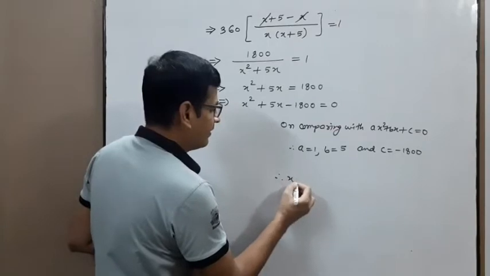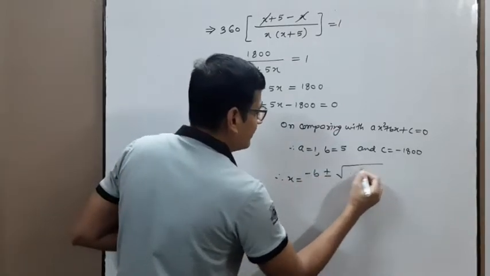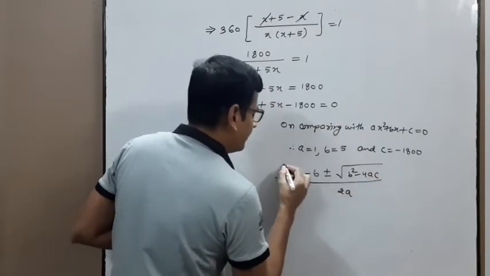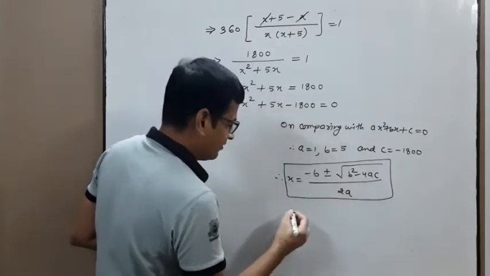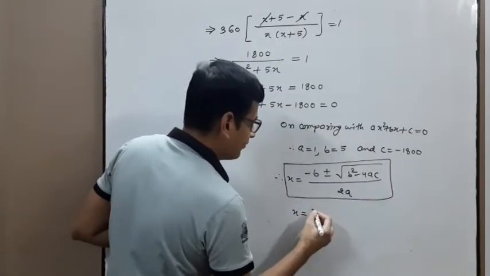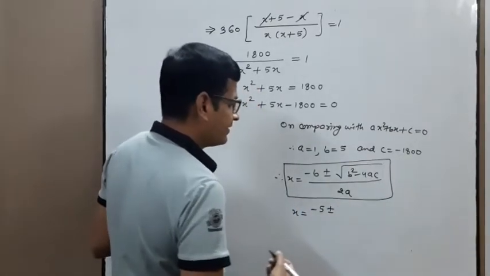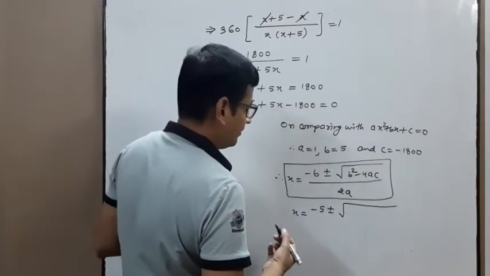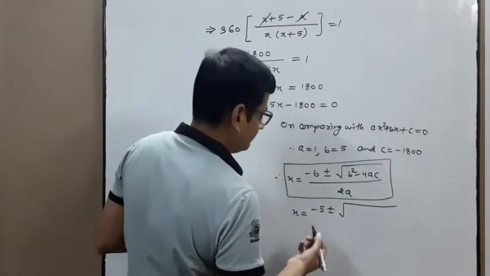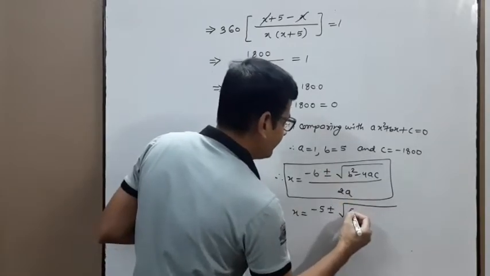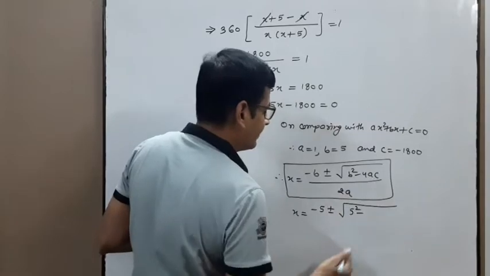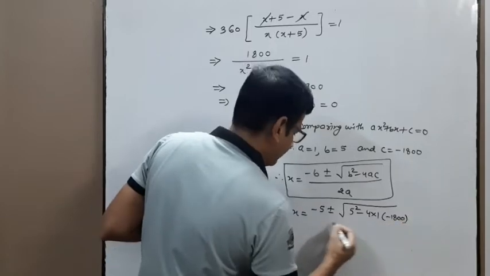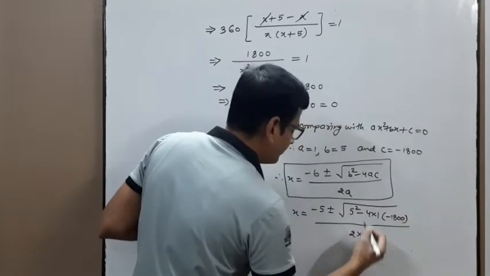Now use quadratic formula. So x equal to minus b plus minus square root of b square minus 4ac upon 2a. Now substitute the values of a, b and c. Minus b, so minus 5 plus minus, b square means 5 square minus 4ac, 4 into 1 into minus 1800, upon 2a, 2 into 1.